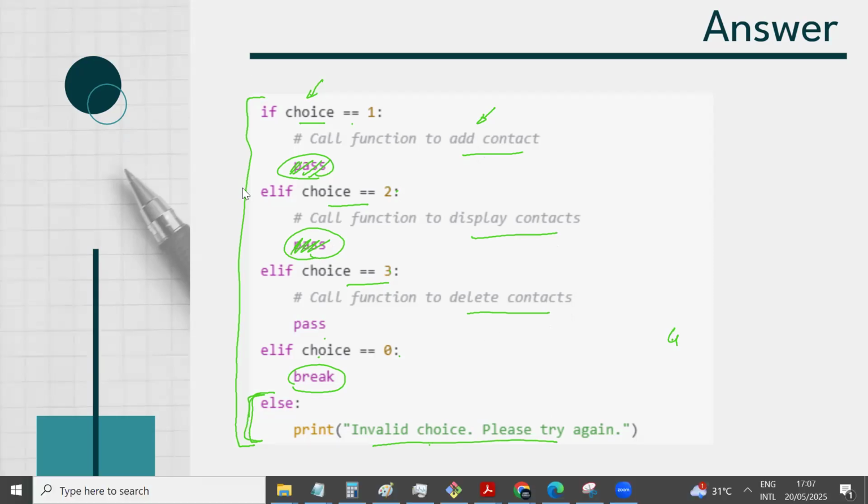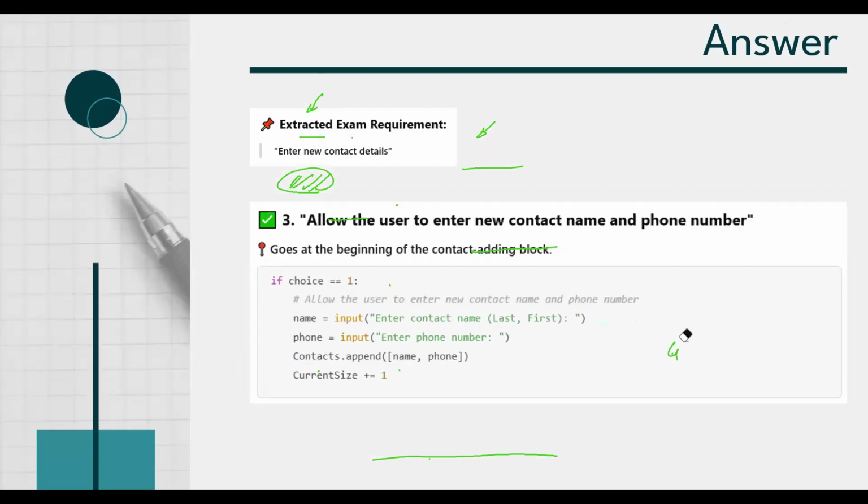So now let us look at if you choose 1. If you choose 1, it means that you need to add a contact, and we are talking about this portion in the exam question. So the exam question says, enter a new contact's details.